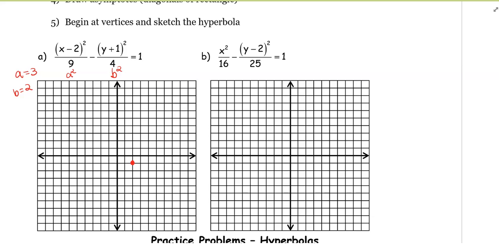So I'm going to go 3 units out from the center in the horizontal direction, in each direction, the positive and the negative. Those are my vertices of the hyperbola. They're also the endpoints of the transverse axis. I should expect the transverse axis to be a length of 6.